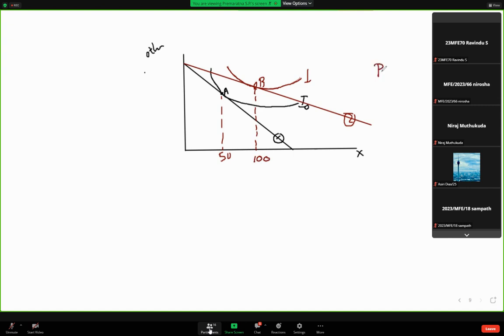The original price is, say, price of X, and the new price is less than that, price of 1. So here the demand is 100 for X, here 50. So this 50 to 100 increase in demand we call the total price effect.